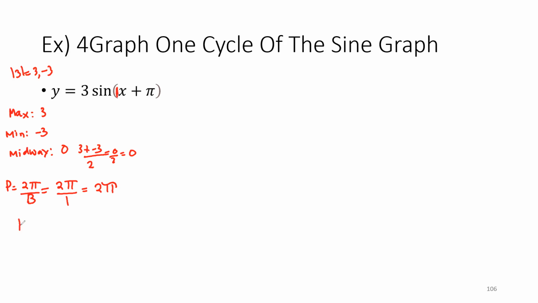So our phase shift is, how do you find the phase shift? So if you remember from our lecture, you set whatever the parentheses to 0 and then solve for x. So our parentheses is x plus pi, set it to 0, and then subtract pi, solve for x. Okay, so that's our phase shift, which is negative pi.